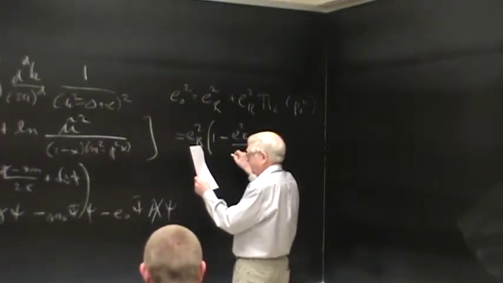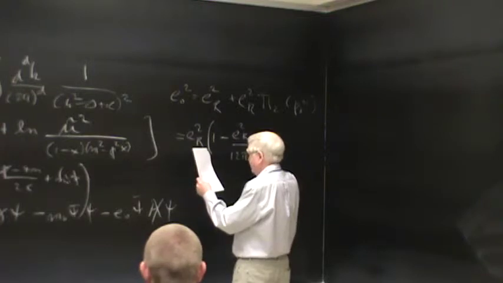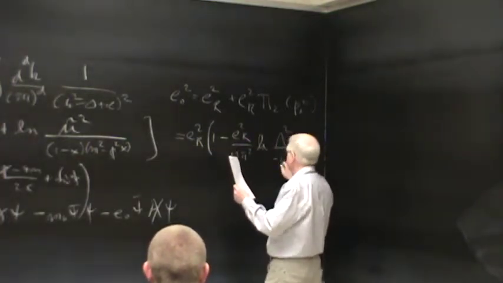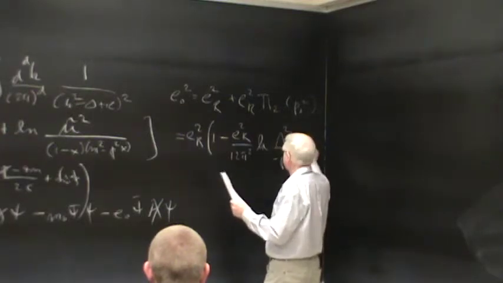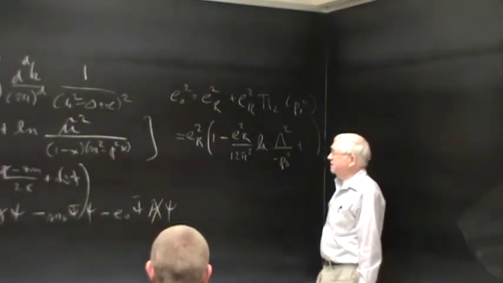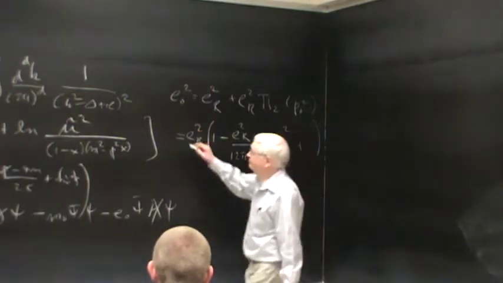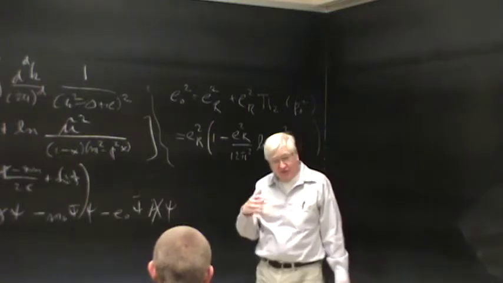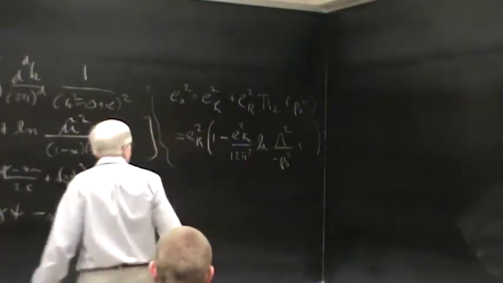E_R squared over 12 pi squared, log lambda squared over minus P0 squared plus blah, blah, blah. So this is basically what we did in chapter 17 when we weren't just doing the subtraction method, the differentiation method.